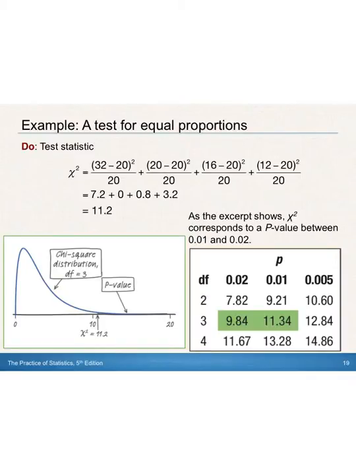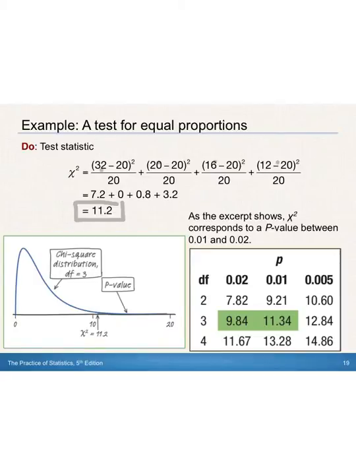So here is our chi-square test statistic. For January through March, for example, there are 32 people with that birthday minus the 20 that was expected, squared, divided by 20, et cetera, et cetera, et cetera. We add all 4 of the categories of the months, and we end up with a chi-square statistic of 11.2.